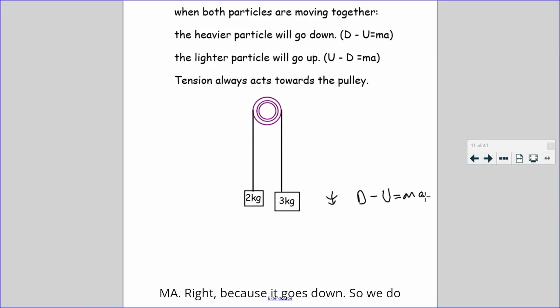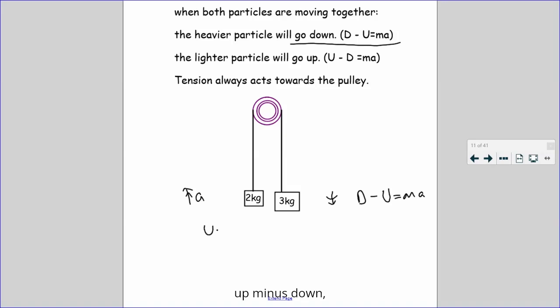Because it goes down, so we do the down first. This lighter particle goes up, so for this one, we will do up minus down equals ma. So it's really important you get those in the right order. Otherwise, you will get confused as we go along.